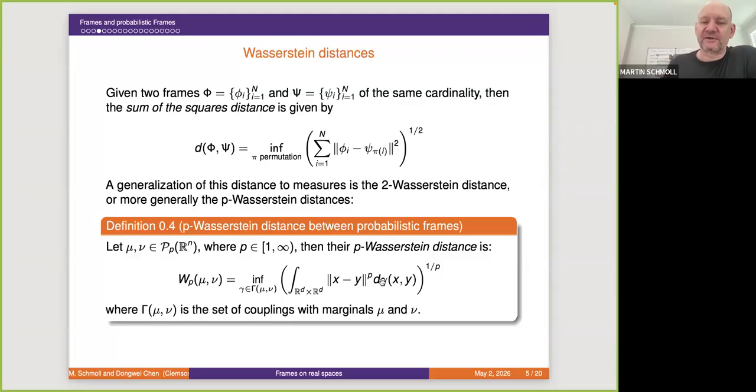And there's always a coupling, simply the product measure. So these couplings are more general than maps. It's actually allowed to spread mass: if you have a point mass, you can smear it out over a bigger area. That is exactly what the product measure is doing: it maps a single point to the whole space.